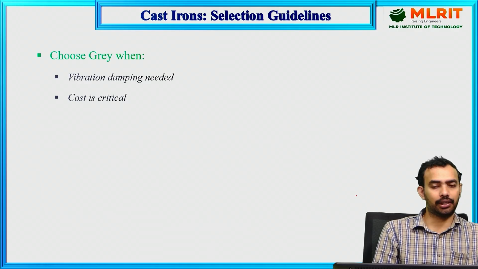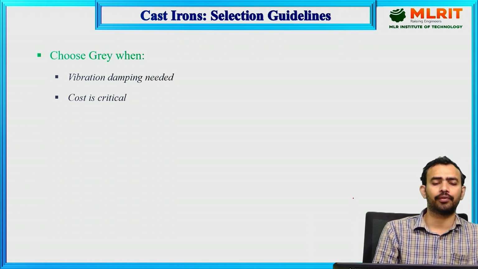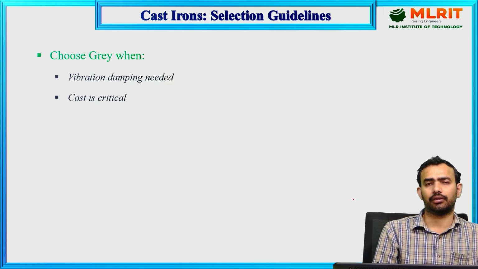So how do we select gray iron from the properties? Looking at the properties, we should by now be getting some clarity. We will look at the scenarios where you can pick the right material, which cast iron to pick.